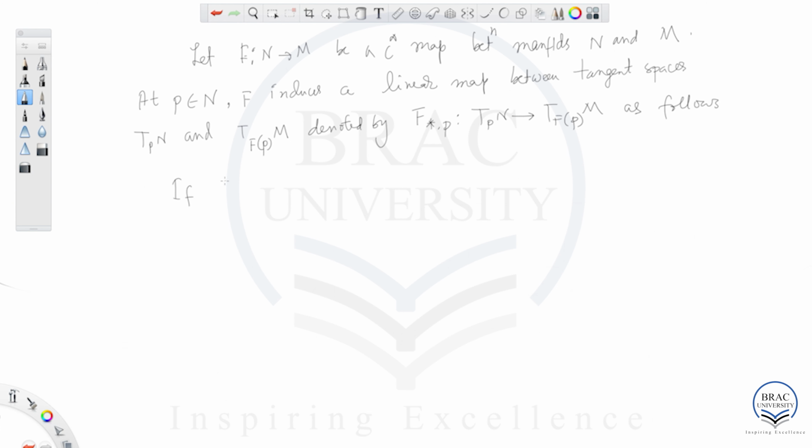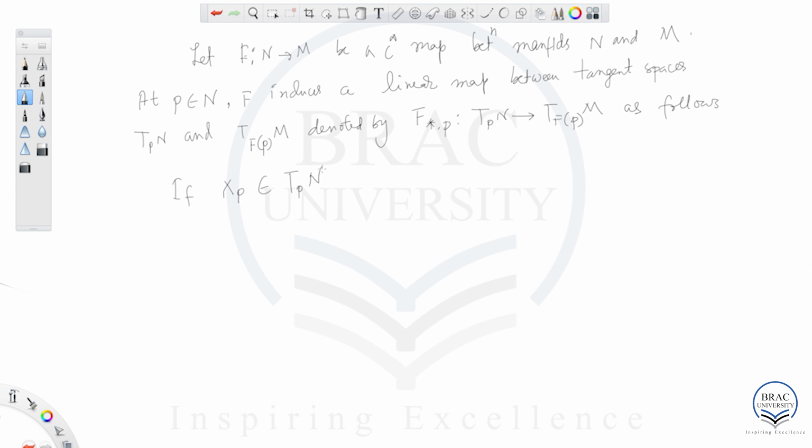If X_p is in T_pN, we have mentioned it earlier that the elements of the tangent spaces are tangent vectors. We are yet to prove that that actually forms a vector space. We will find it soon that it is indeed a vector space. The tangent space is a vector space, and we'll find the basis of this vector space.